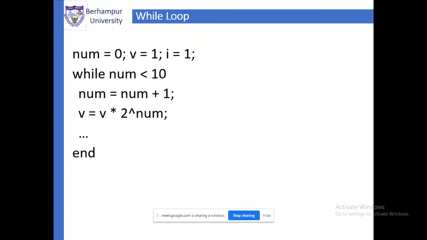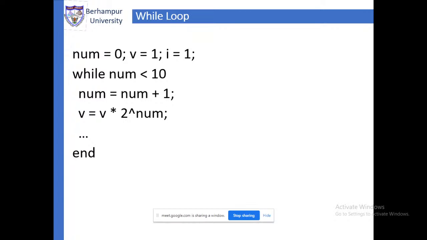Third time it will be executed, num is equal to 2. Fourth time it will be executed, num is equal to 3. So this way you will go till num becomes 10. When num becomes 10, it is 11. So it will be executed 11 times, not 10 times. Remember this. It will be executed 11 times. So this is how you are going to use a while loop.